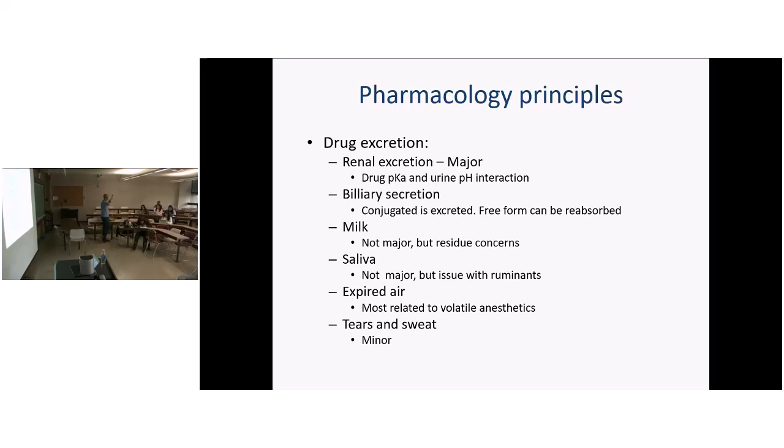It's going to be mostly kidneys, but you're going to have a little bit in the feces too. And when you say feces, you can tie the feces with the liver. Why? Because most of these drugs will be metabolized in the liver. Sometimes the liver takes some of those and throws them to the bile salts, and then it goes from the bile salts to the feces and gets excreted. Okay?